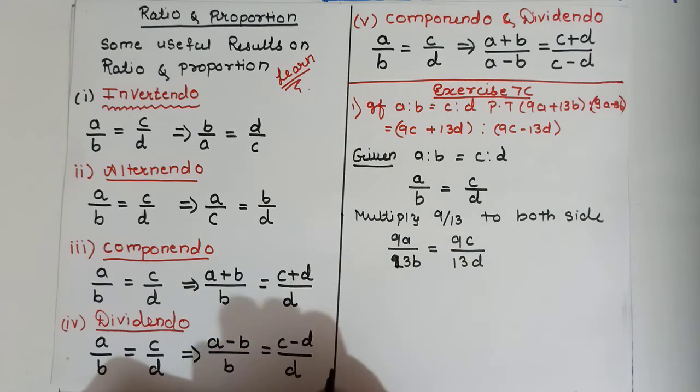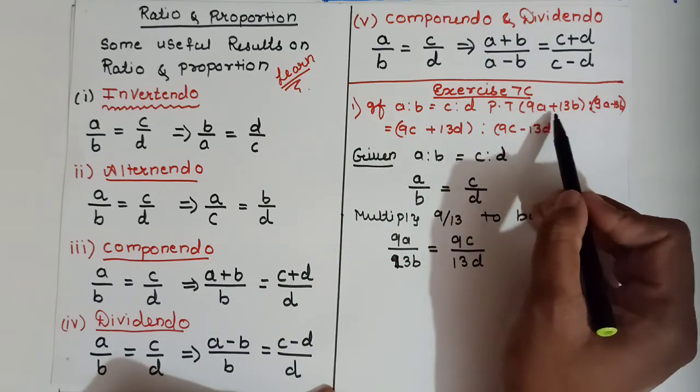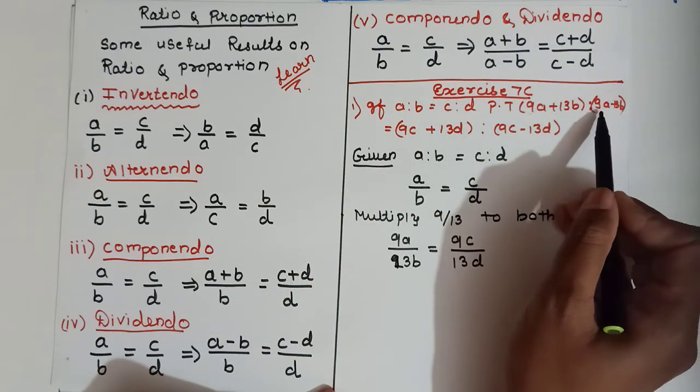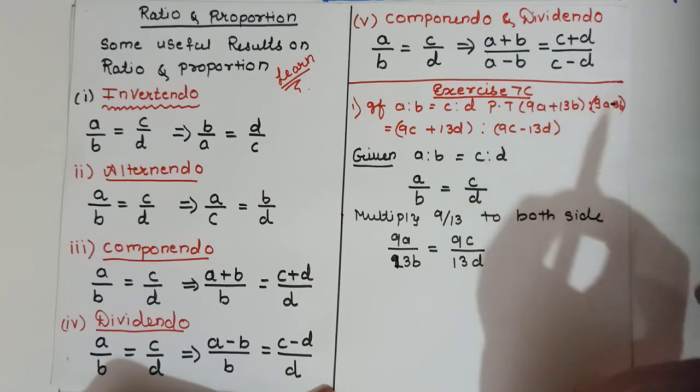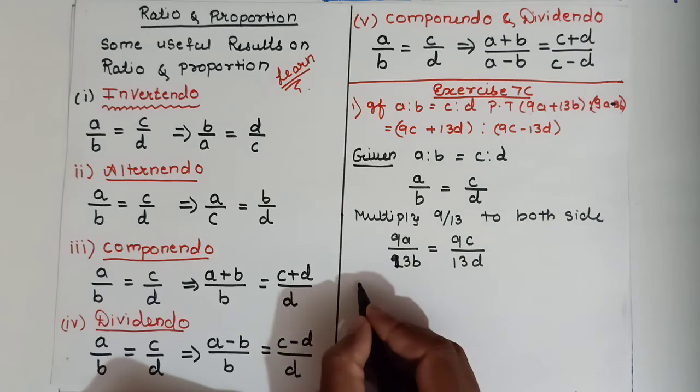upon 13D. Now if you can see here, the upper term is plus and the lower term is minus. So which property will you apply here? You apply your componendo and dividendo property.